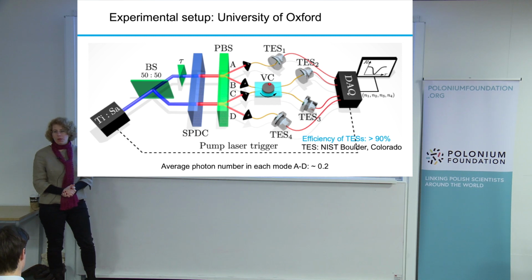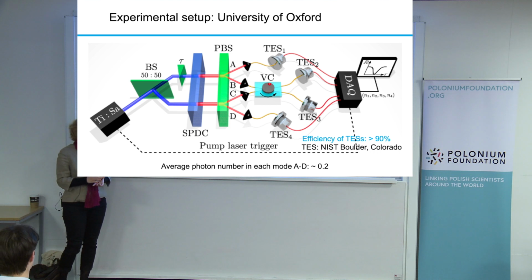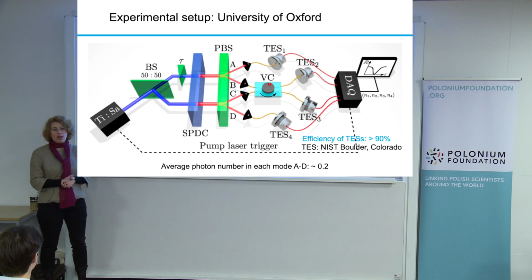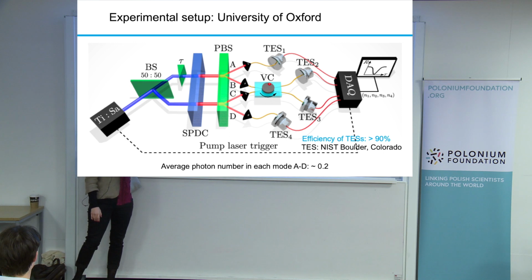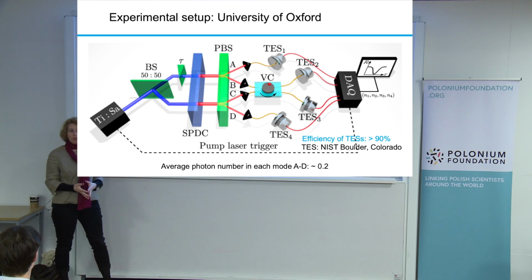There are also other sources being worked out, like quantum dots, but they are very far from being reproducible, efficient, etc. While this kind of process can be called already technology.